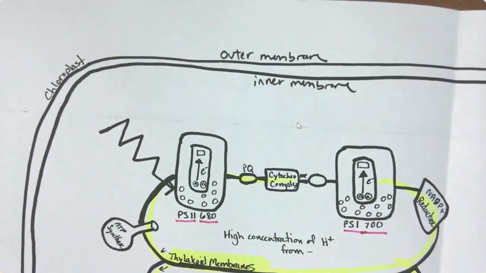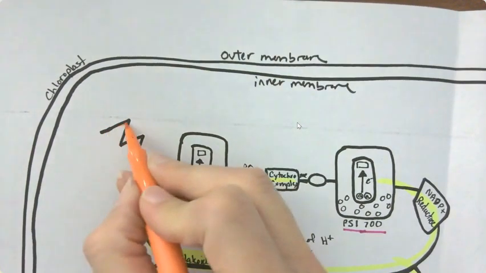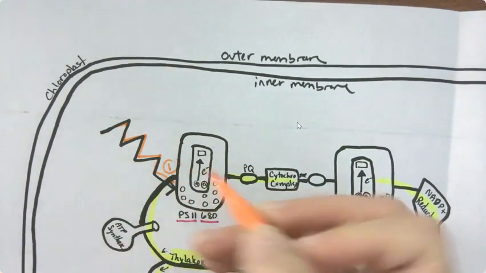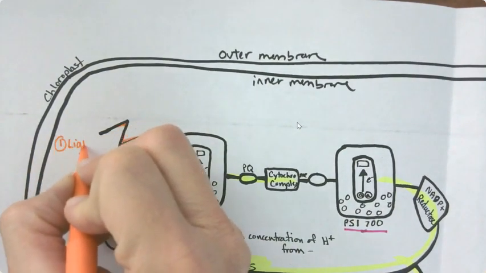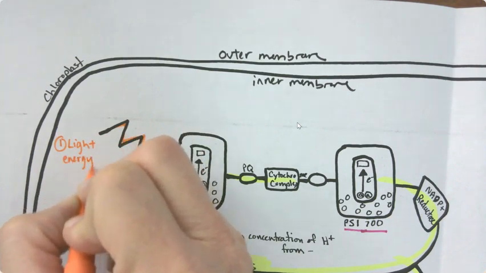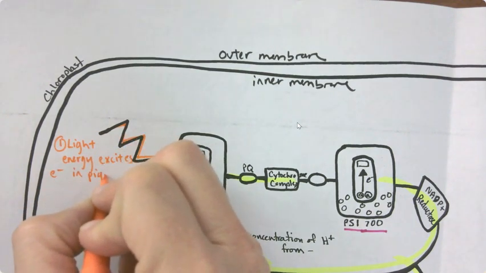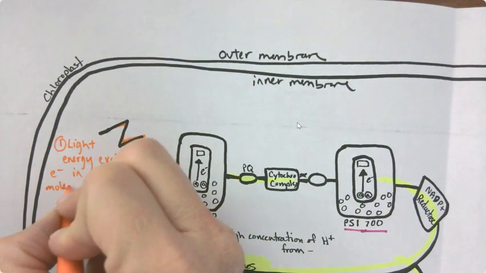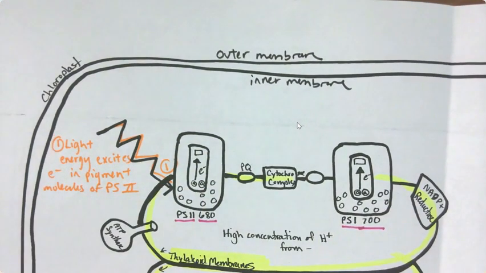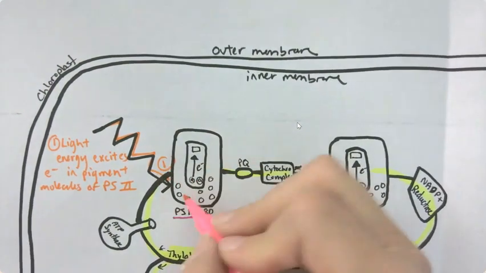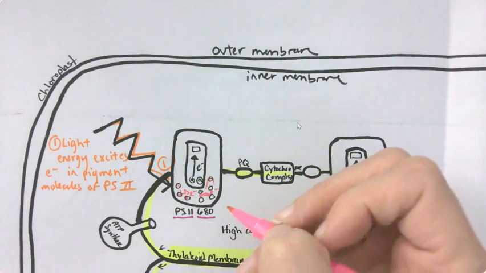So what happens first? Okay, step 1 here, the light energy excites electrons in the pigment molecules of photosystem 2, right? So these electrons are bouncing around in there.